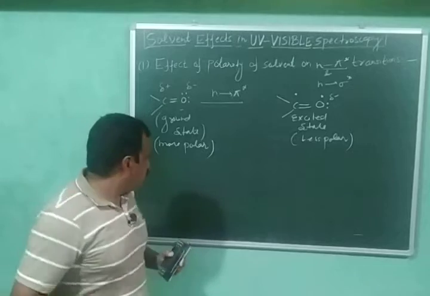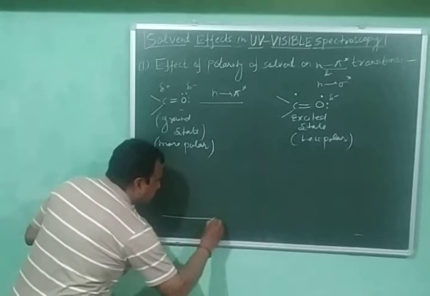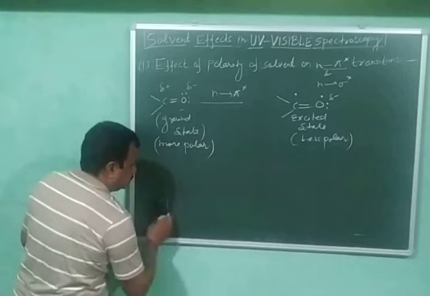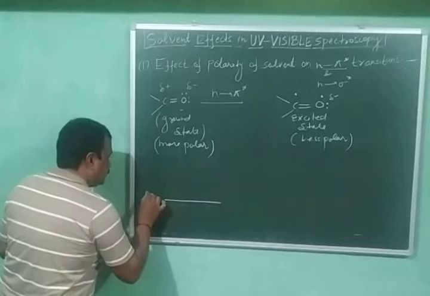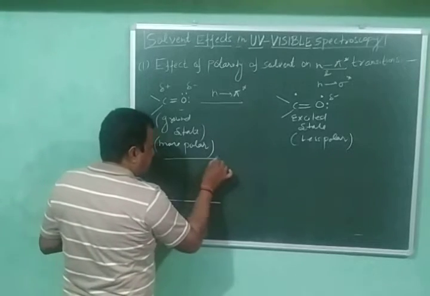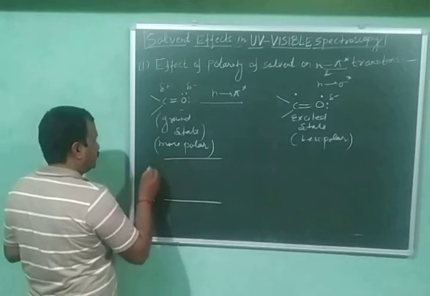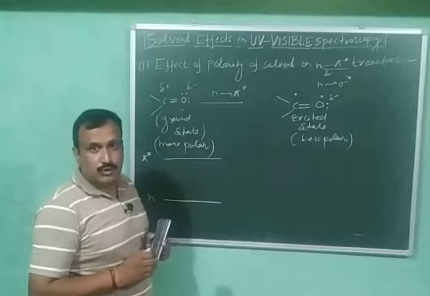Okay, so now let us represent it further. So this is the ground state, that is the non-bonding state, and here we have this pi star anti-bonding molecular orbital.